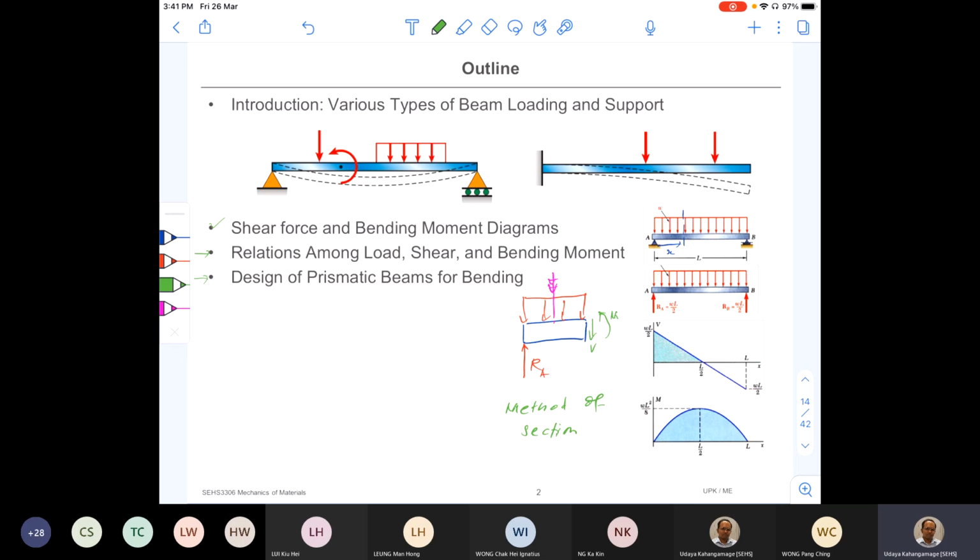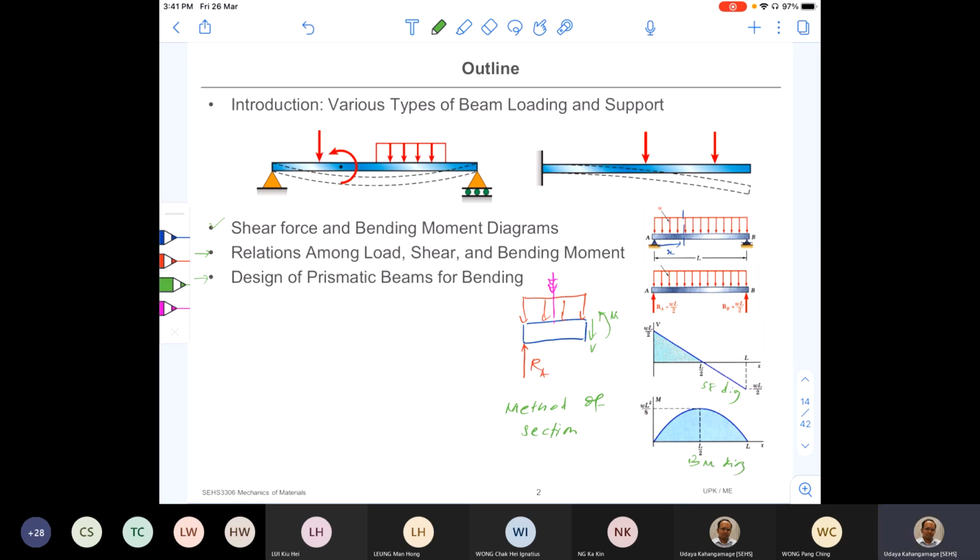what we do, we use our equations of equilibrium and write a function for shear force and also a function for bending moment. By looking at the shear force function and bending moment function, we can draw the shear force diagram and the bending moment diagram.